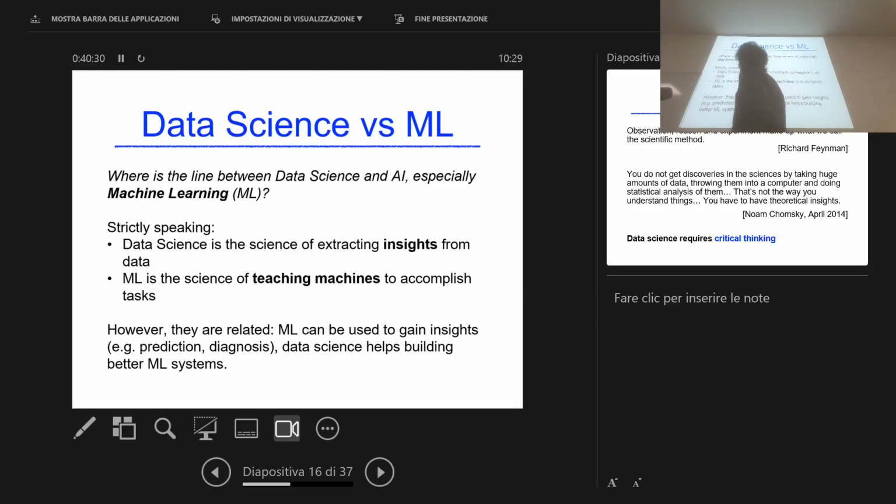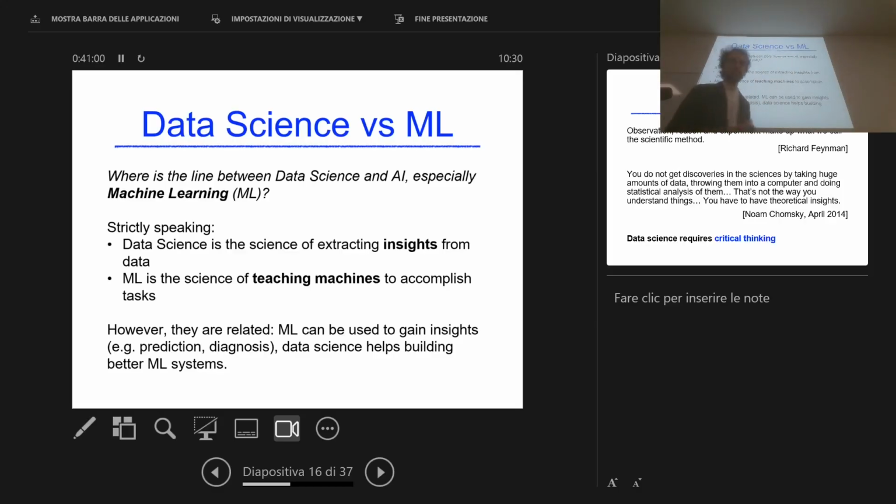Obviously, you can use this to do data science. Let's teach a machine to extract insights from data. That's why they are related. And you can use data science for machine learning. The better the data and the more informative the data I give to the machine, the better the machine can learn to achieve the task. So that's why machine learning and data science are strictly related.